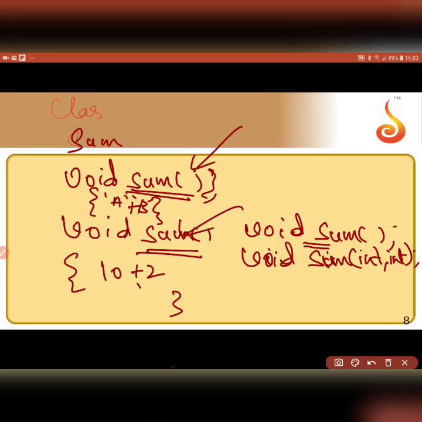When I call a function with two arguments, it will know that it needs to execute this. So these two can be in the same scope. Here I say that this is a function without return, without arguments, and a function without return, with arguments. So the declaration or the prototype of these two is different. This is called function overloading.